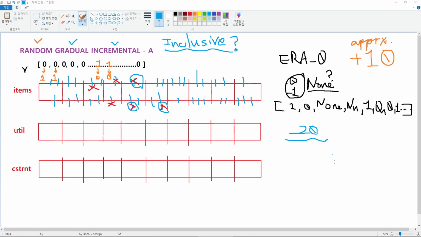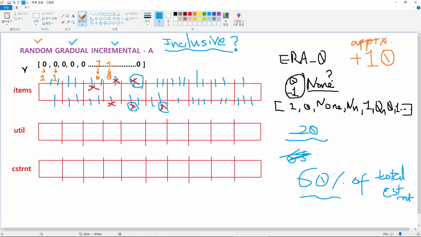I made sure that it was 60% of the total constraint of that era. I think I said that it was 65%, but no, it was actually 60%.